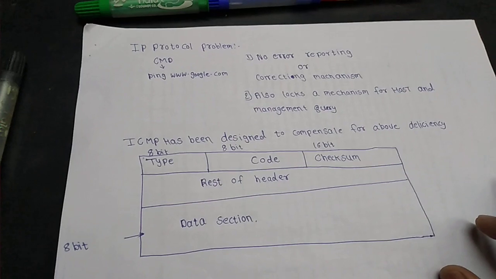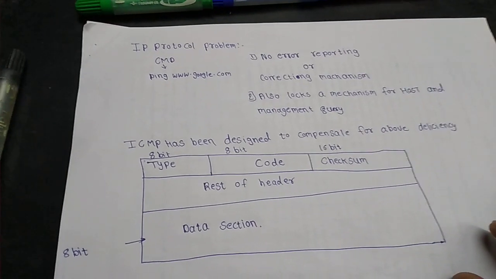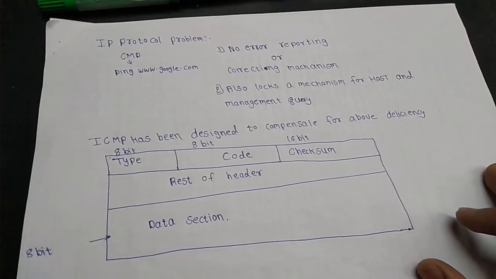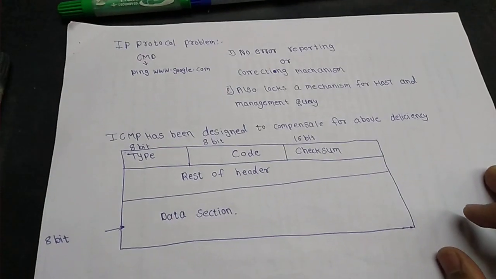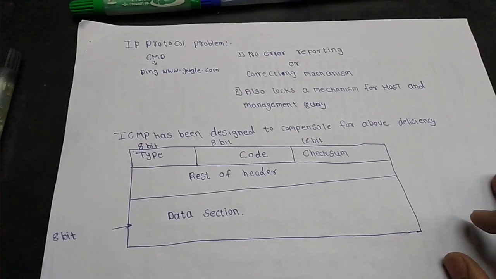So why are we using the ICMP protocol? First of all, the IP protocol has some types of problems.